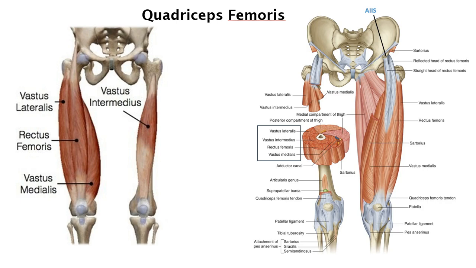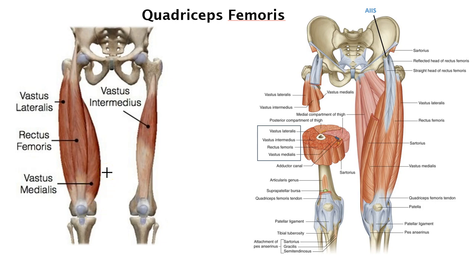The bulk of the anterior compartment is made up of the quadriceps muscles. These 4 muscles are all innervated by the femoral nerve. Most anteriorly, the rectus femoris is the only muscle of the quadriceps, in other words, of these 4, which cross both the hip and the knee joints.